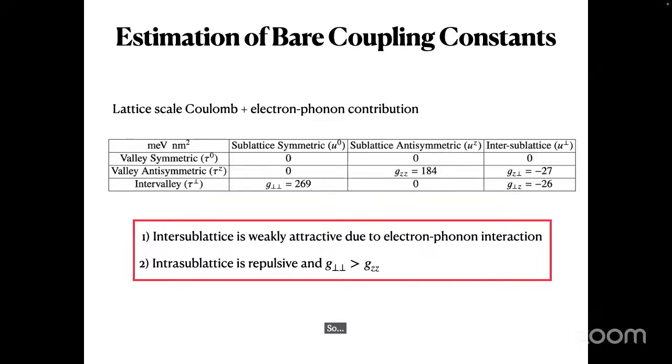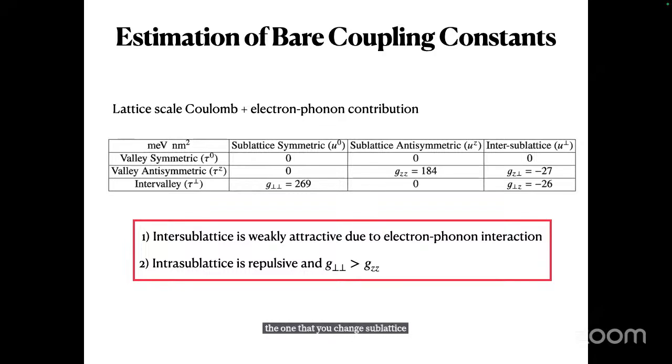So this is our result. We have estimated those bare coupling constants. You can see hundreds of MeV per nanometer square times nanometer square. And the most important thing is that this guy, G Z perp and G perp Z, the ones where you change sublattice, okay?